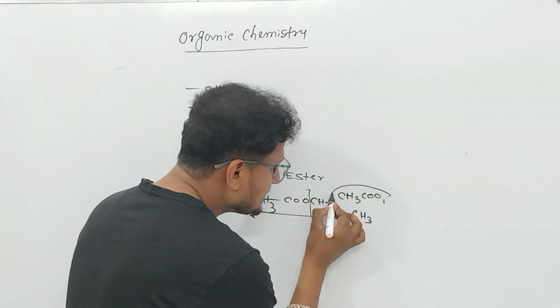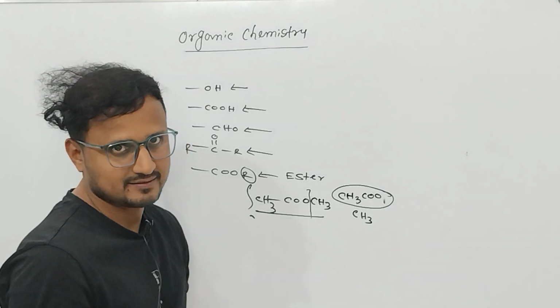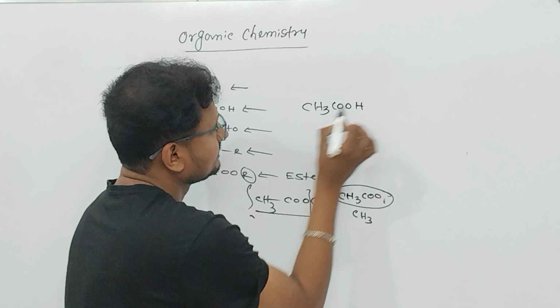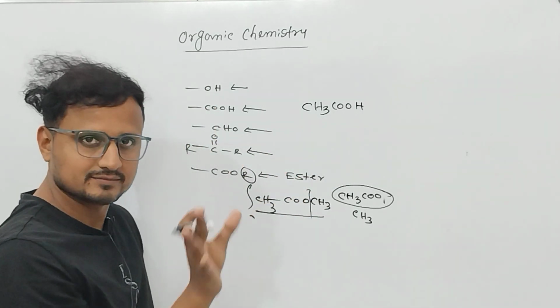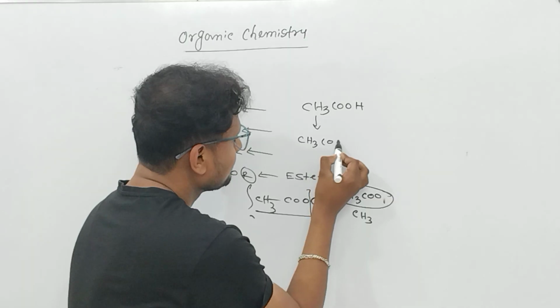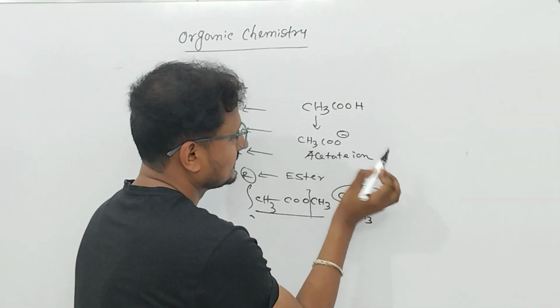Now this CH3COO comes from acetic acid, right? What is the formula of acetic acid? CH3COOH. This is the formula of acetic acid. Am I right? Now when it dissociates, it forms acetate ion. This is called acetate ion.